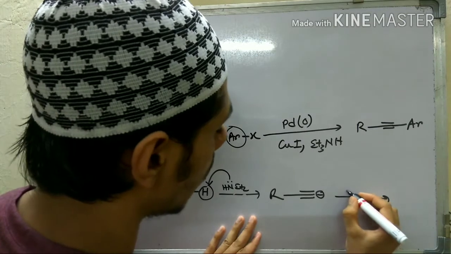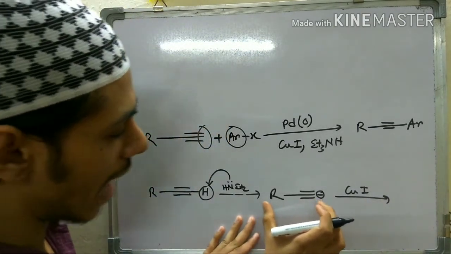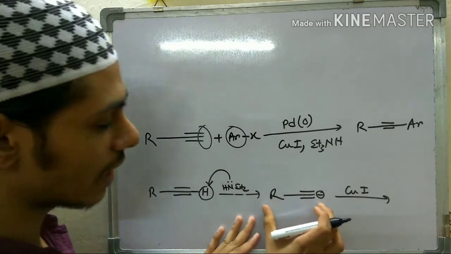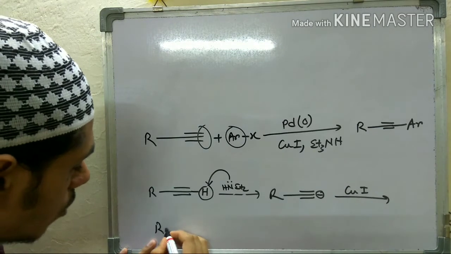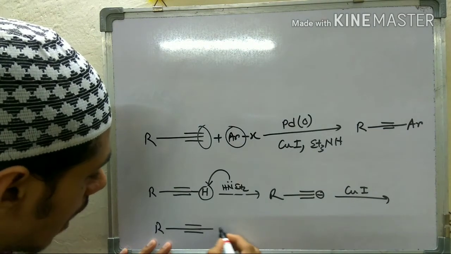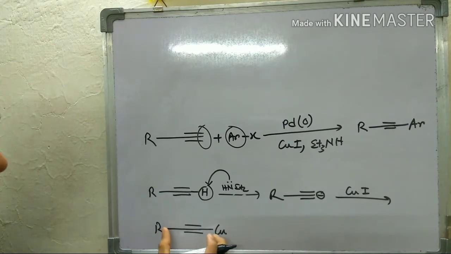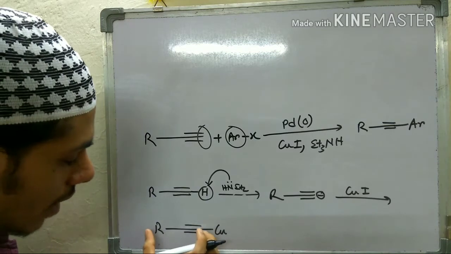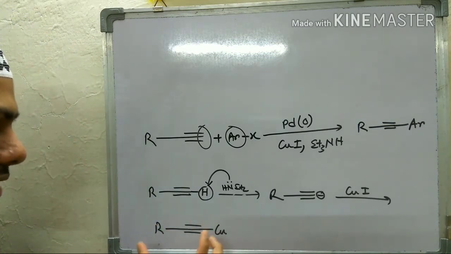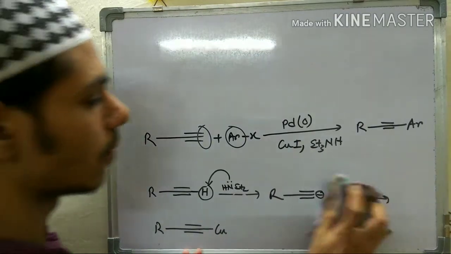Now you have copper iodide in your reaction medium. This is called an alkynyl anion, and it can bind with copper to give you this alkynyl copper iodide. This is a copper salt, an alkynyl salt of copper. This is the active reagent in your reaction medium.